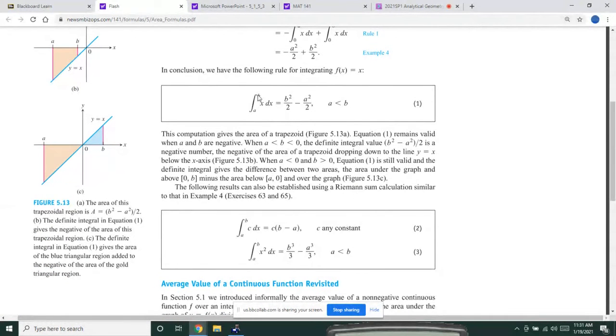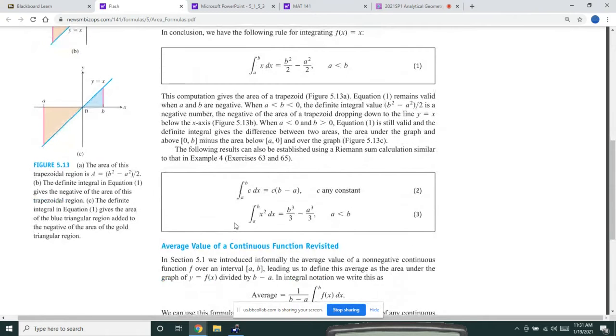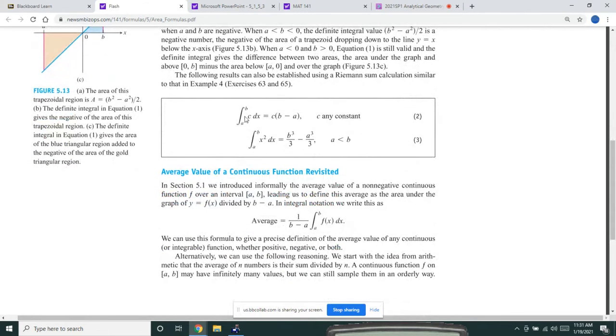This is the first formula. It says the integral from a to b of x dx is equal to b squared divided by 2 minus a squared divided by 2. We also have the integral from a to b of c dx.